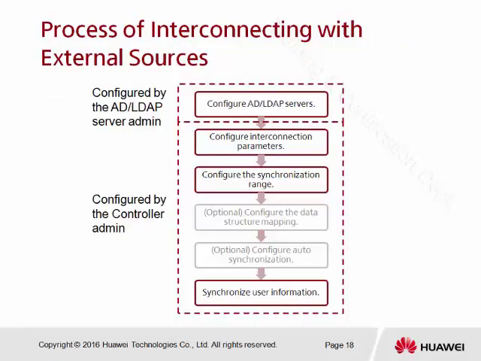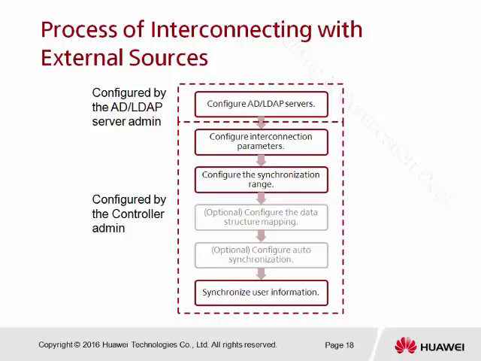So here is the process of interconnecting with the external source. On the top one, we configure by the AD or LDAP server admin. We have to configure the AD or LDAP server first. Then the next step is to configure the interconnection parameters.